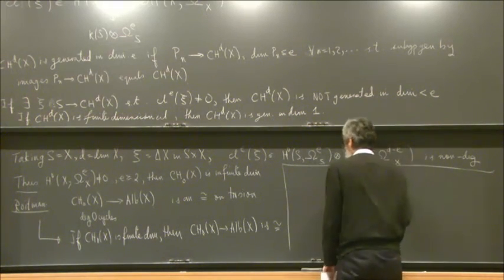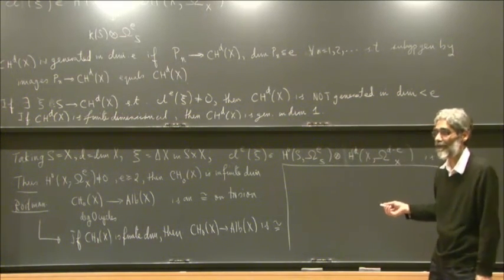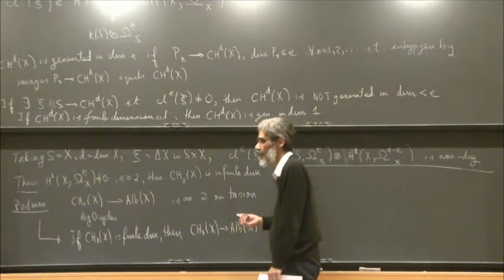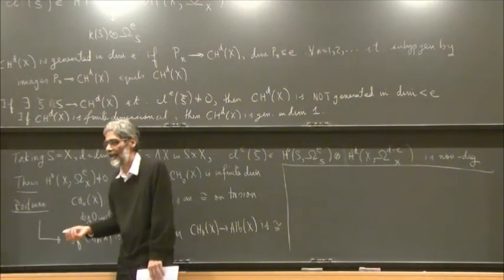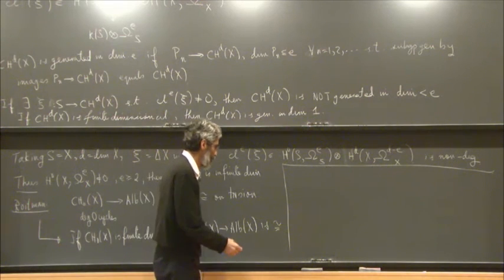And as I said, of course, all this still doesn't tell us when a particular 0 cycle is rationally equivalent to 0 or not.